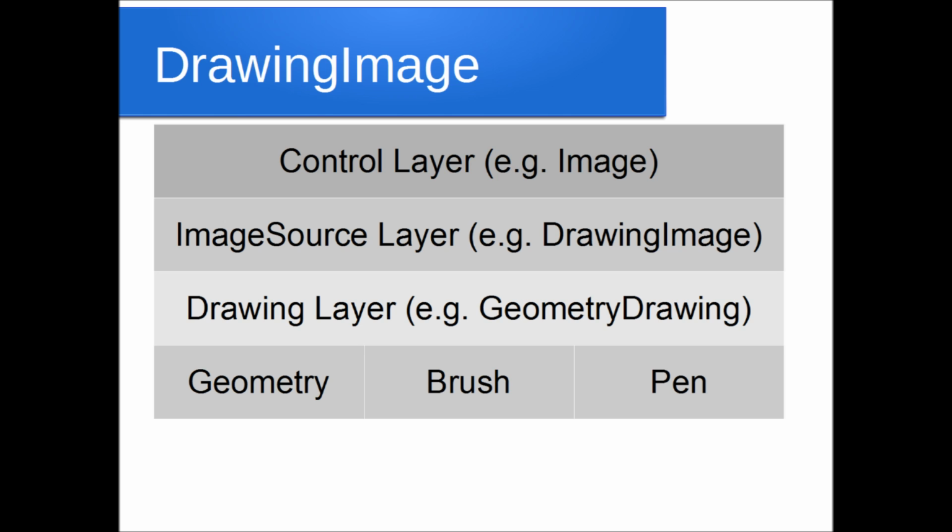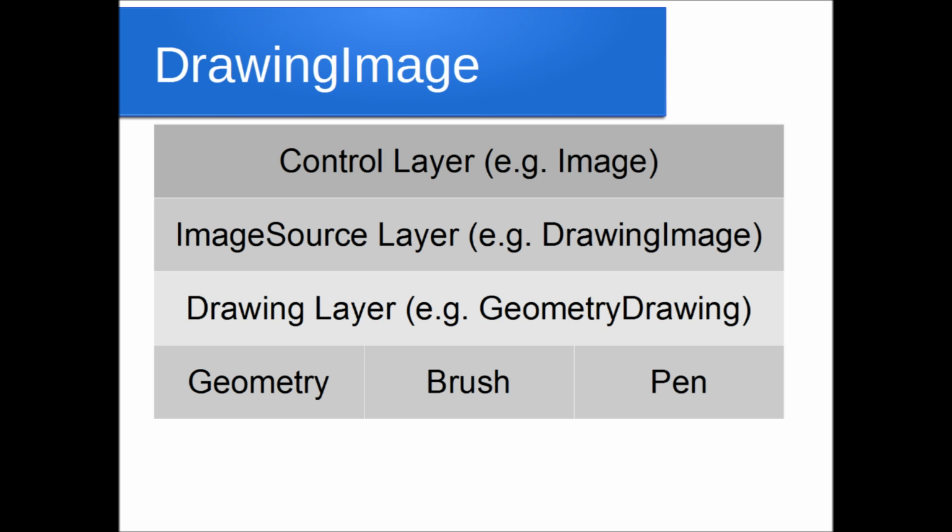But it's actually more complicated than this, because at the drawing layer, the geometry drawing is one of the options, but there are other options you can plug in. One of them is a drawing group object, which can contain multiple drawings. So effectively, the drawing layer expands out into a tree of drawing objects, and each of those will contain a geometry, a brush, and a pen.